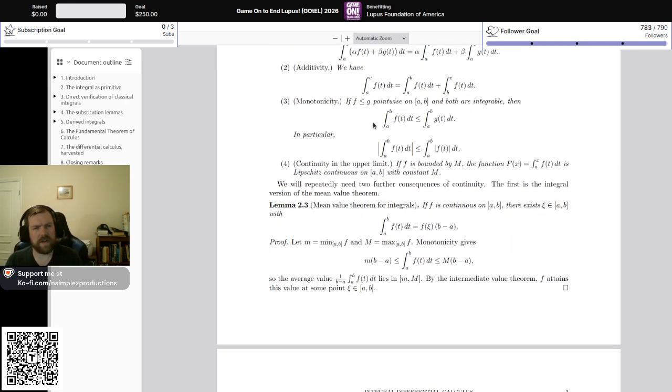Monotonicity: if f is less than or equal to g pointwise on a to b and both are integrable, then the integral from a to b of f of t dt is less than or equal to the integral from a to b of g of t dt. So if f is always lower than g, then the integral of f will always end up being lower than the integral of g.